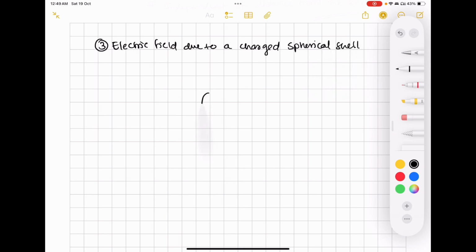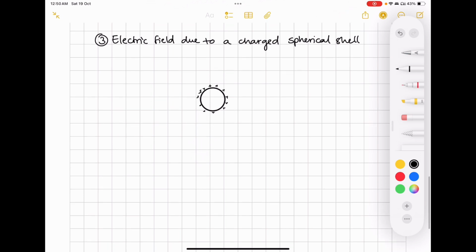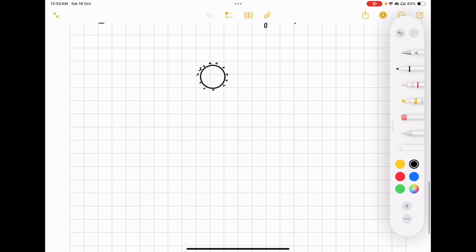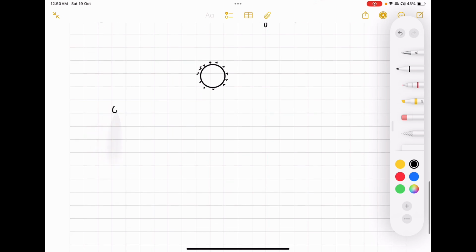So here we have a spherical shell which is charged, and we need to find the electric field due to this shell. Here we have three different cases. Case 1 is electric field at an outside point.